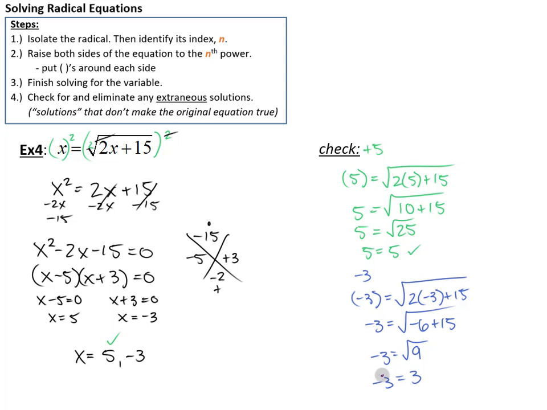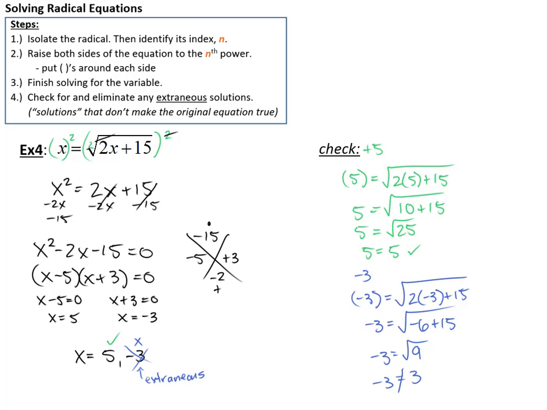Does 3 equal negative 3? Uh-oh. No, it does not. So we give that one an X, as in a no, not a check mark. Negative 3 is extraneous, so we would not include it in our answer set. If it's in your multiple choice options, don't choose it.